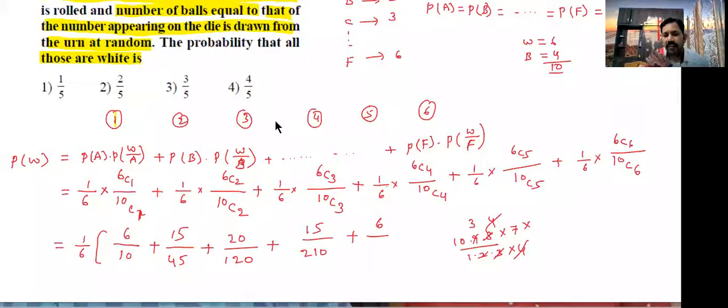10C5, here write that 6, here 5. Now 5 2s are 10, 2 3s are 6, 6 6s are 36, 36 into 7, 252.